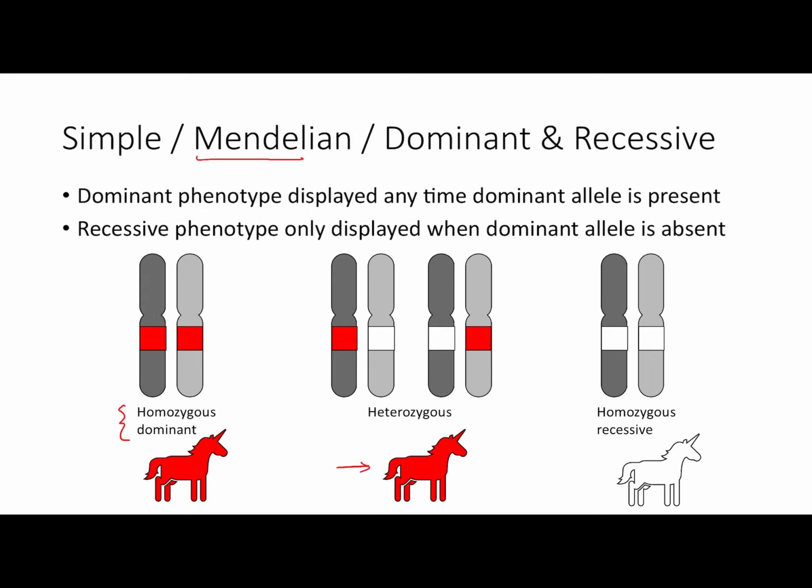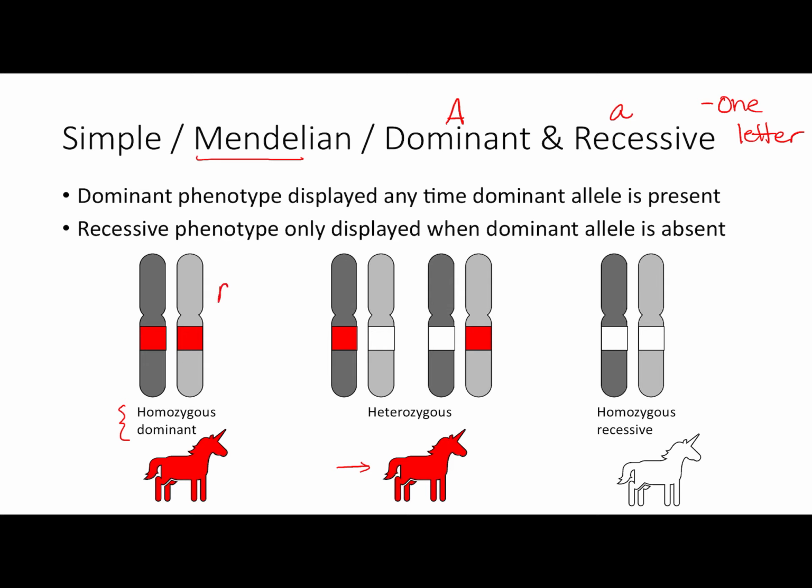So I talked to you a little bit earlier about using different symbols. Typically, with simple dominant and recessive, you're going to just give 1 letter, and you're going to have 2 versions of that letter to represent the dominant and recessive. The capital letter represents the dominant allele, and the lowercase letter represents the recessive allele.